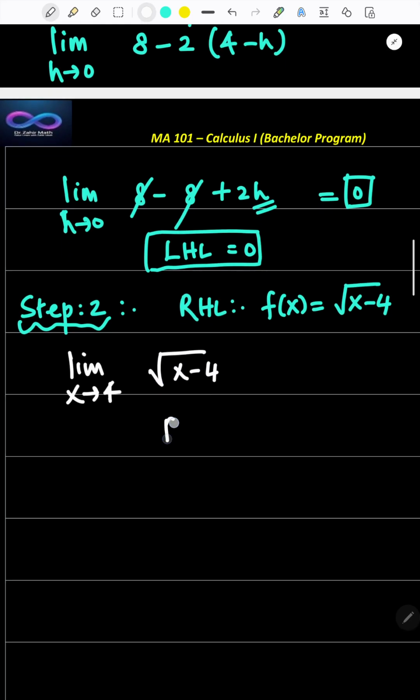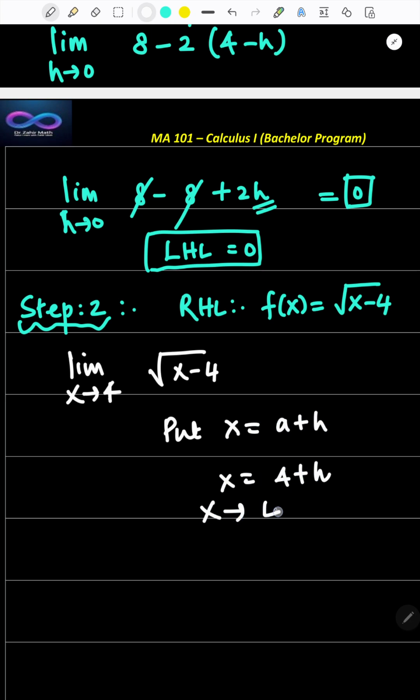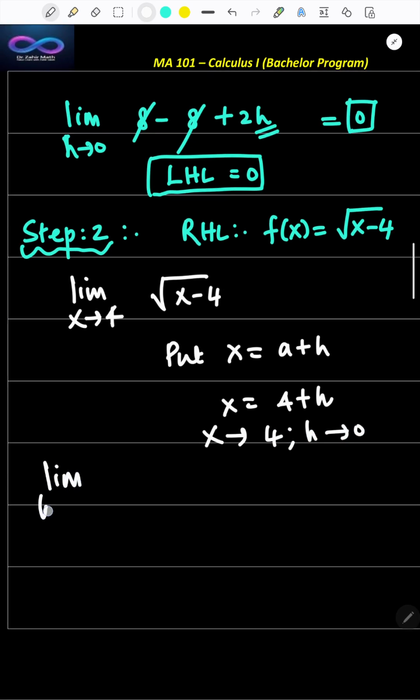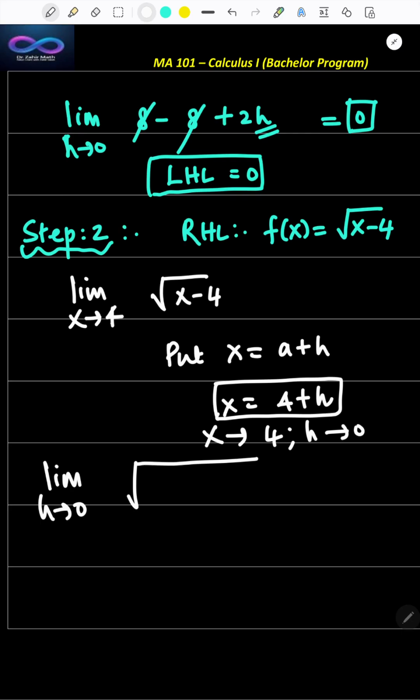For the right hand limit, put x is equal to a plus h. So x is equal to 4 plus h. X goes to 4, h goes to 0. So the same thing, you will change the limit as limit h goes to 0, square root of x. What is the x you are going to put? 4 plus h. So 4 plus h minus 4. 4 gets cancelled. So limit h goes to 0, square root of h.